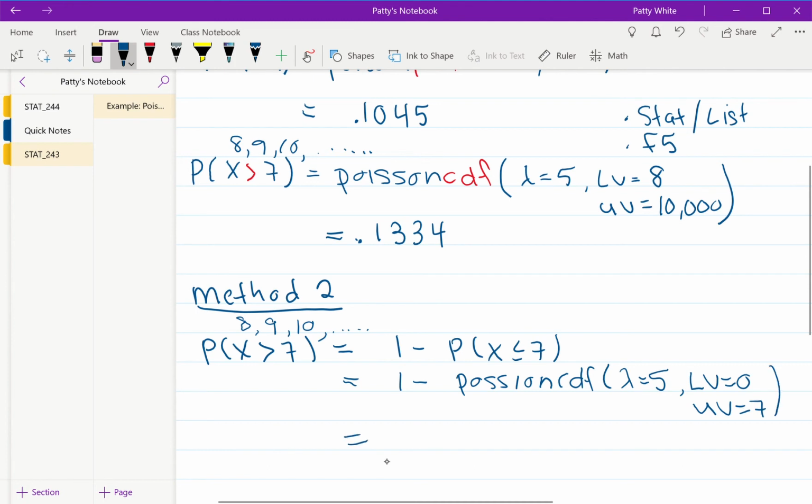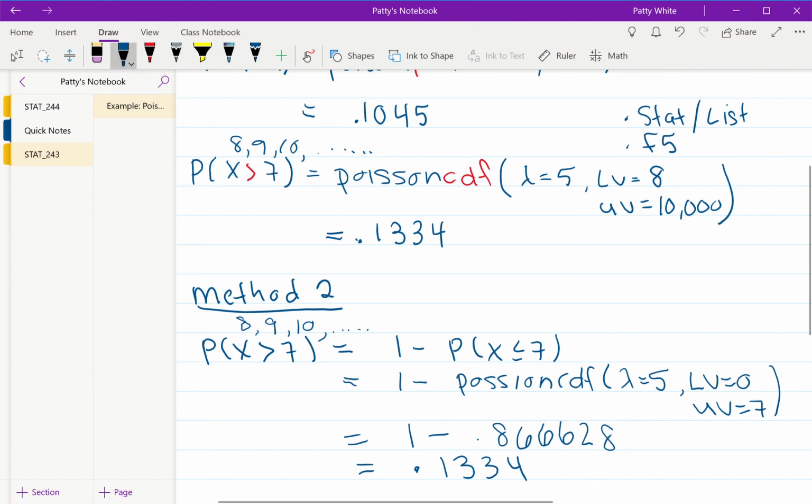So that would give me 1 minus 0.86668. And then if I round to 4 decimal places, that gives me 0.1334. So I get the same answer either way.